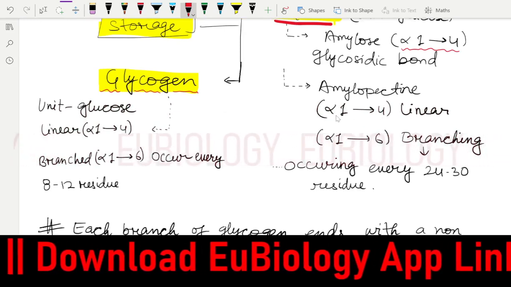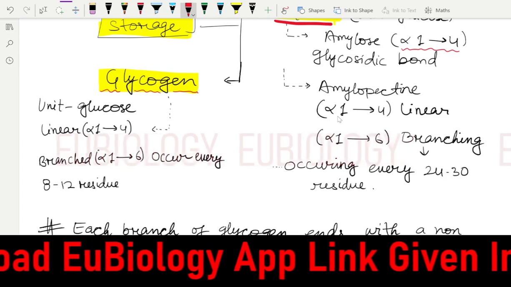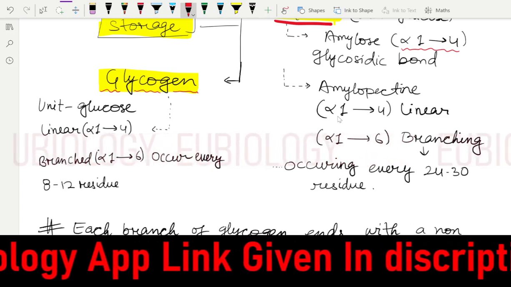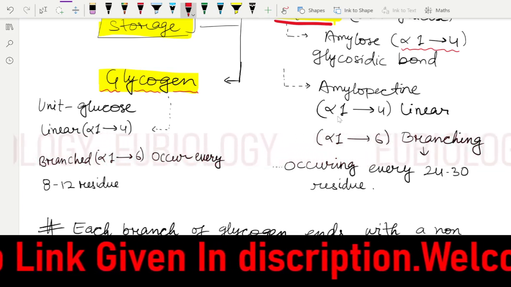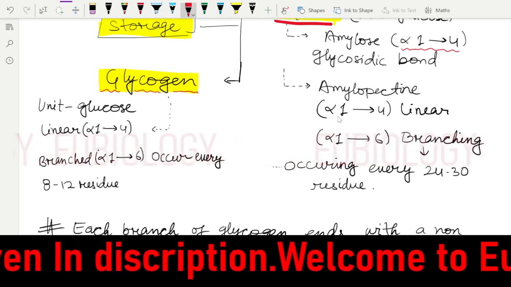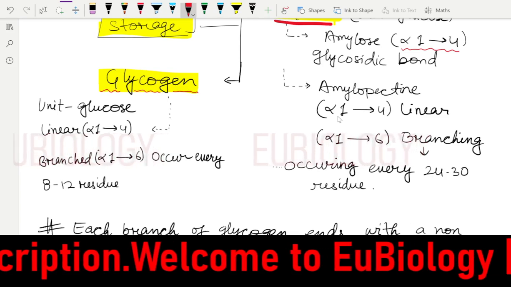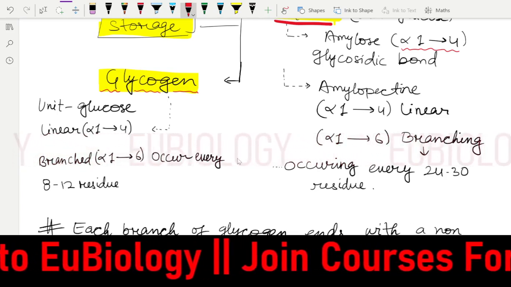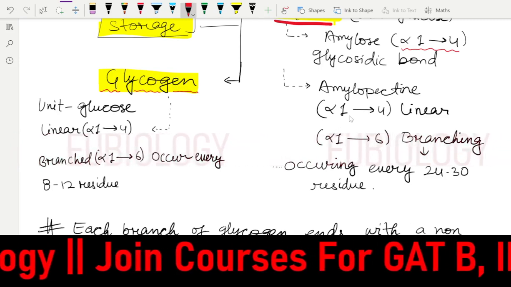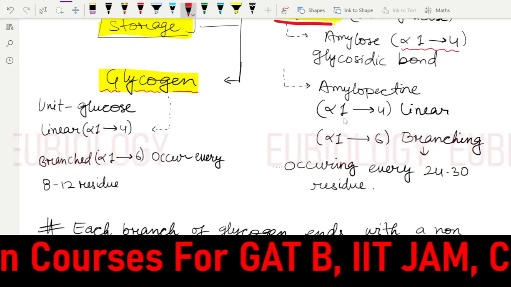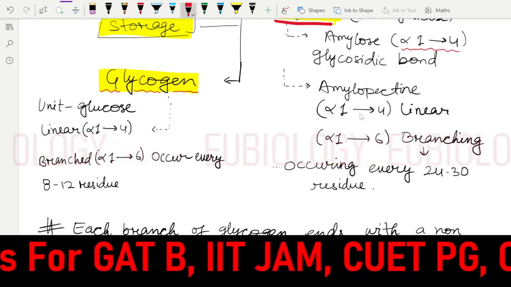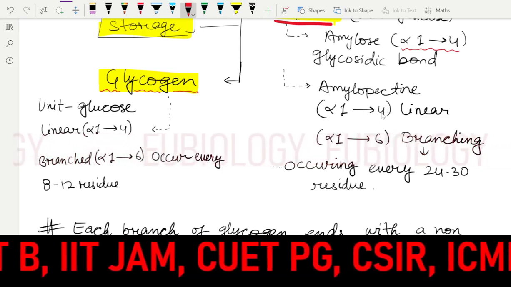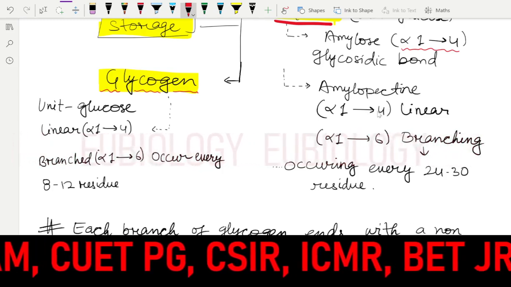It means the first carbon of the alpha sugar is attached to the fourth carbon of the second alpha sugar. Again I am repeating, alpha means what? It is a sugar, alpha sugar, and the first carbon is attached to the fourth carbon of the alpha sugar.